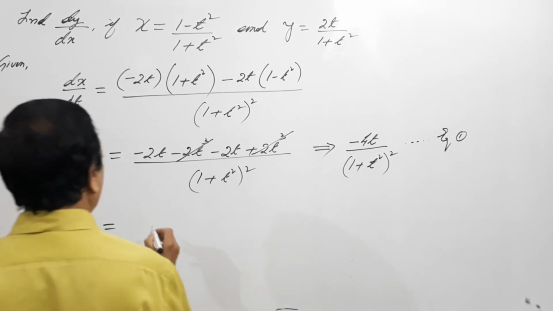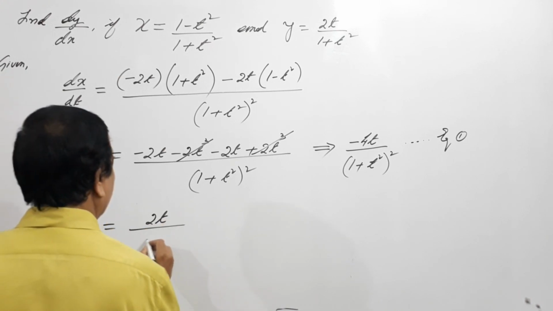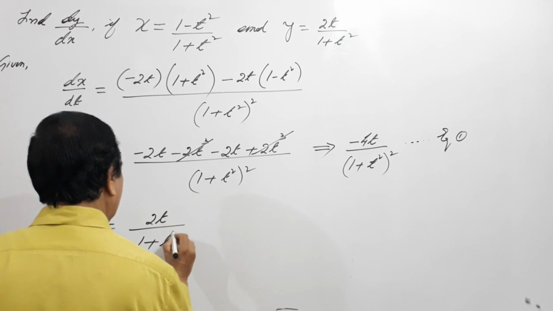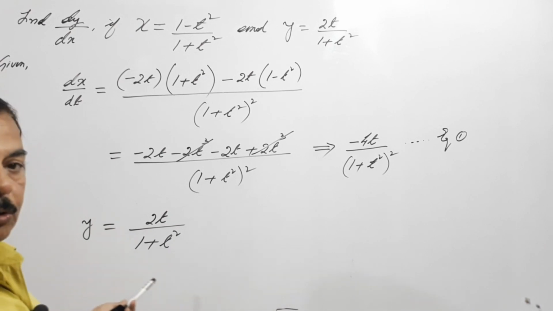We take y equals 2t by 1 plus t square. So again use the quotient rule to solve this.